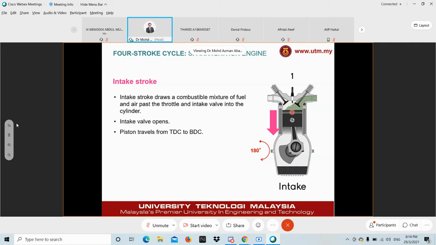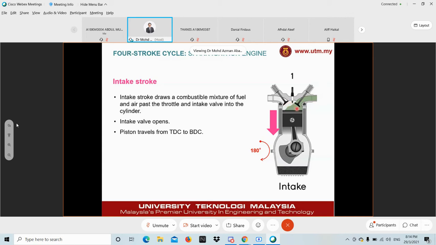In the case of port fuel injection, where the fuel is injected before the intake valve, the gas that goes into the combustion chamber is a mixture of fuel and air. But in the case of GDI, or gasoline direct injection, the gas that enters the combustion chamber is purely air, because the fuel is injected directly into the combustion chamber.